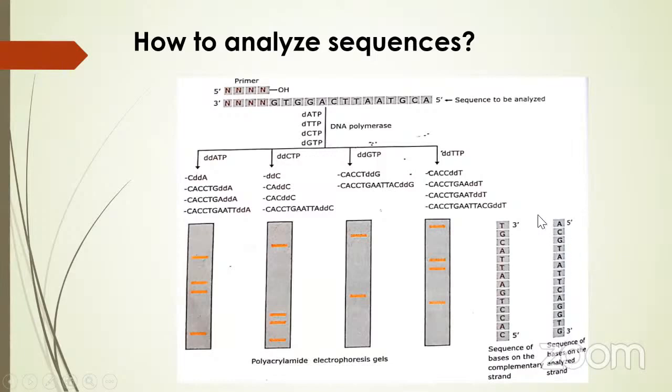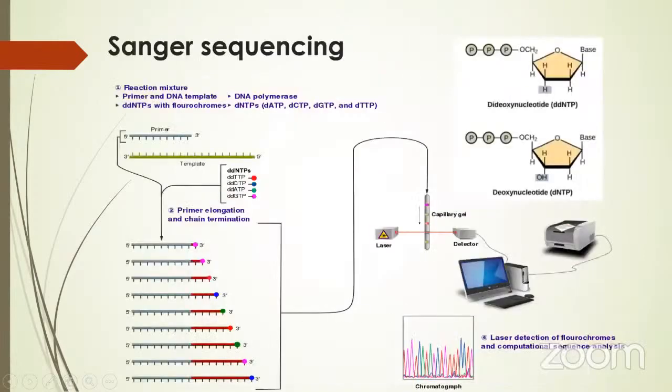So 5' to 3' will be the complement of this sequence. How do we read? We read the sequence from bottom to top. So we will count these bases first: first, second, third, fourth, fifth.